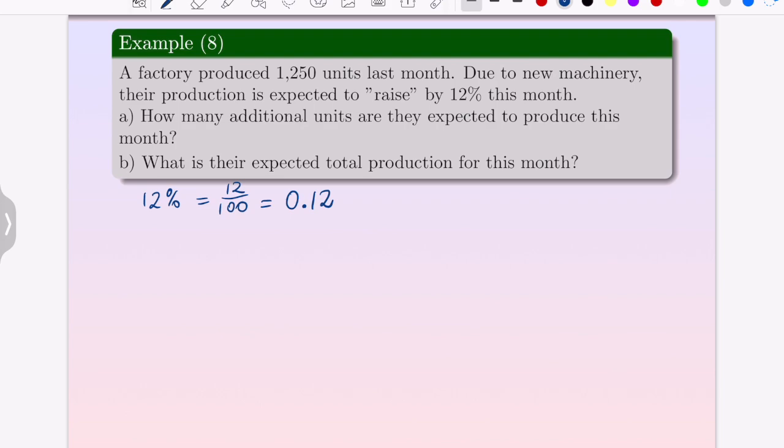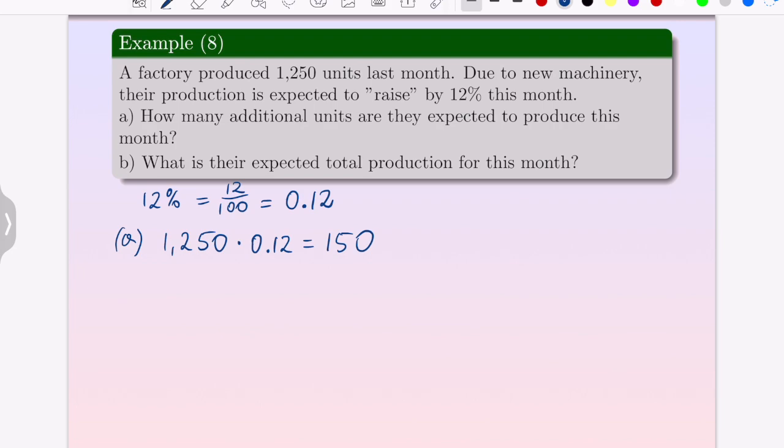And then for part A, we would have original amount, which is 1,250, times the percentage in decimal, which would be my 0.12. And if you multiply this, that should give us 150. So how many units are they expected to produce this month? 150 more units.